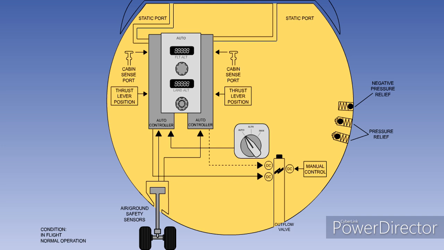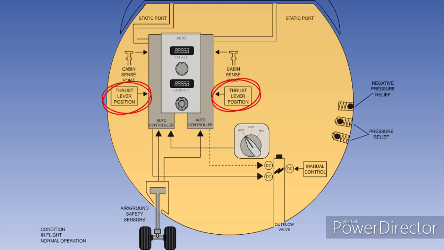This schematic diagram shows the arrangement of the pressurization control system of a modern passenger transport aircraft. The automatic controllers are duplicated and have inputs from the aircraft static pressure sensing system, the cabin pressure sensors, and the air-ground logic system.